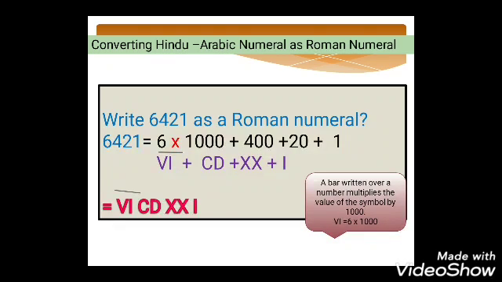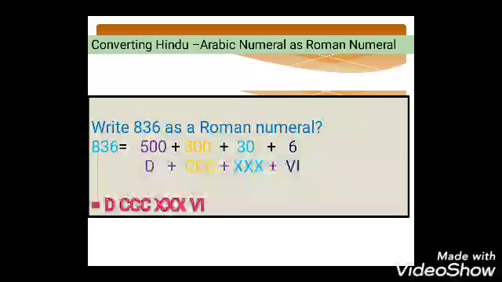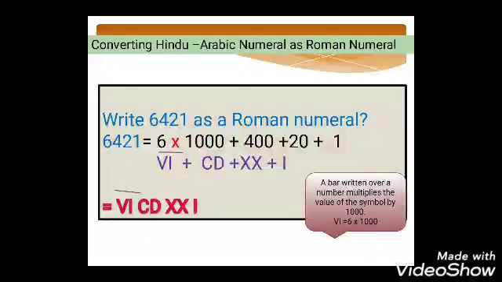This means a bar means 1000. 400 is 100 less than 500, so 500 minus 100, this is CD. 20 is double X and this is 1. So that gives 6421. A bar written over a number multiplies the value of the symbol by 1000.